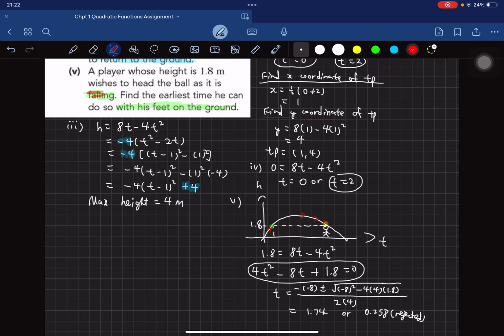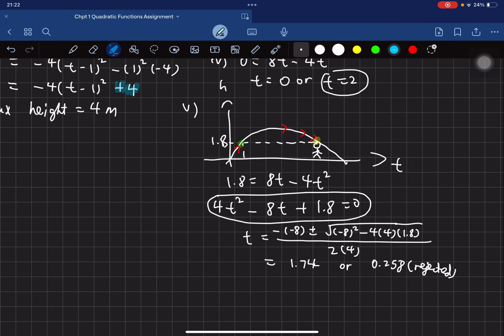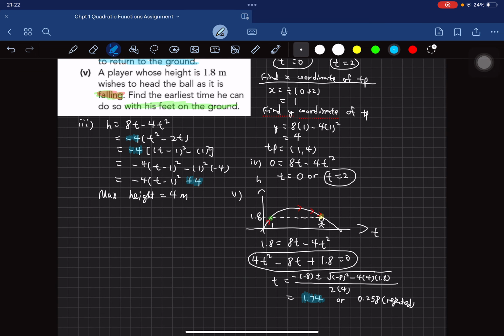So that's why 0.258 is rejected. The answer is 1.74. So this is a question whereby after we solve, we need to go back to the context of the question to see whether it is accepted or not, and not just get an answer and guess the one we need. So do take note. Watch this video again if you still don't understand. Thank you.